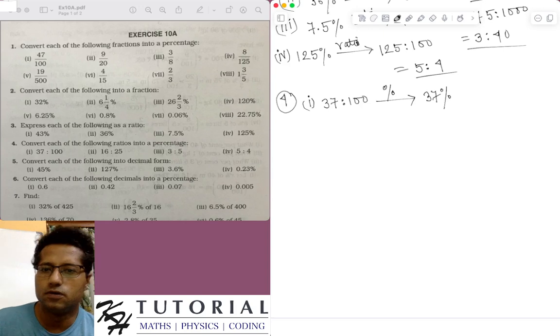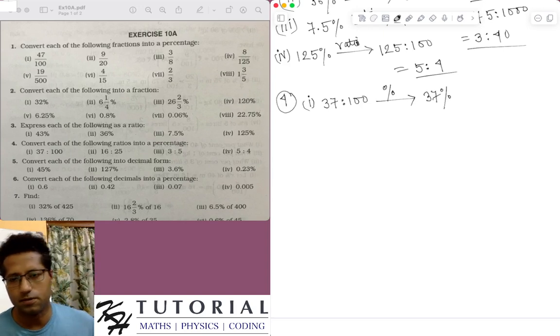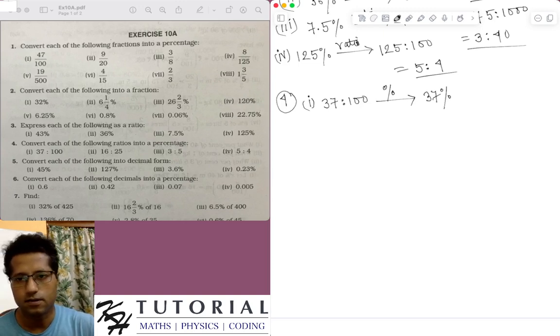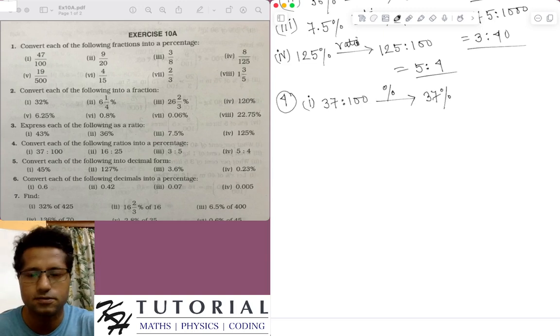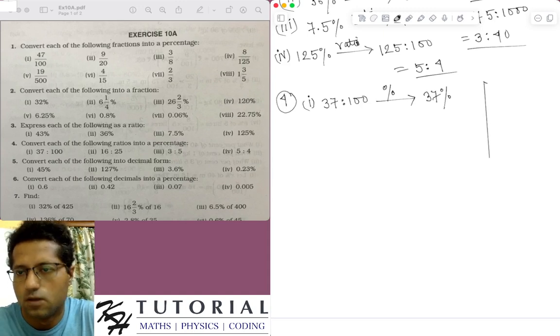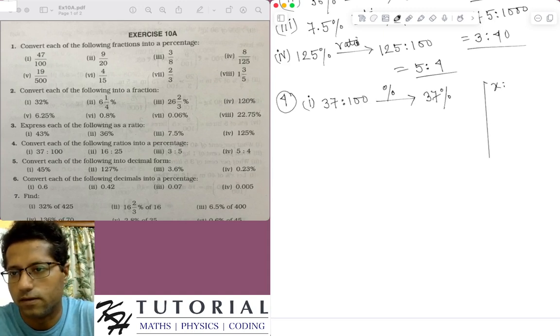The usual method was to divide 37 by 100 and multiply by 100. So the formula is, if you have a ratio x is to y and want to convert it into a percentage, we do x divided by y into 100.